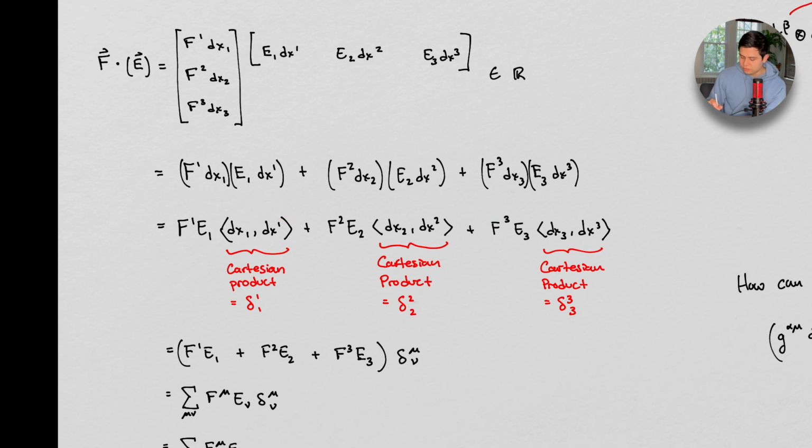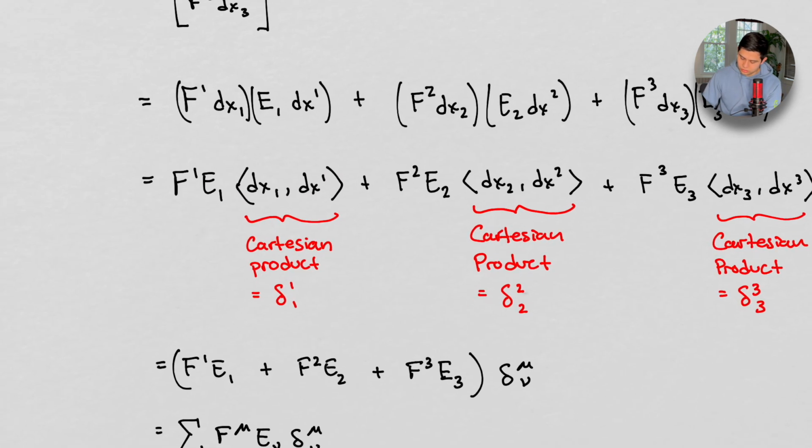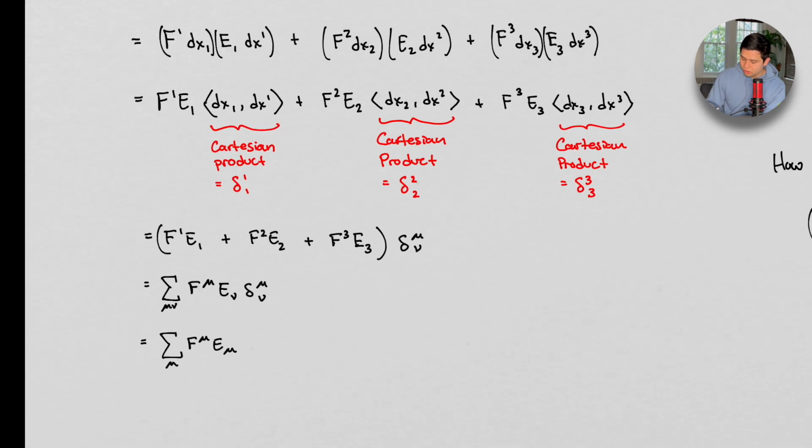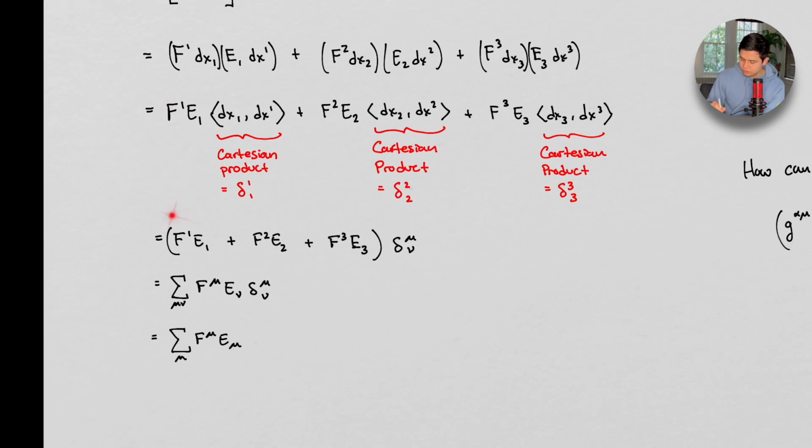This here, however, is weird. These are two basis vectors, and we want to multiply them. That's a product when you multiply them. This is what we're going to call a Cartesian product, and we're going to define this as the Kronecker delta. And so when we do that, all of this can be rewritten in this way.